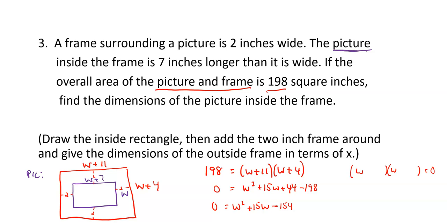It's not divisible by 8. It's not divisible by 4, but it is divisible by 2. 77 and 2. Well, if it's divisible by 77, then it's also divisible by 11. So let's take 154 and divide it by 11, and I get 14.